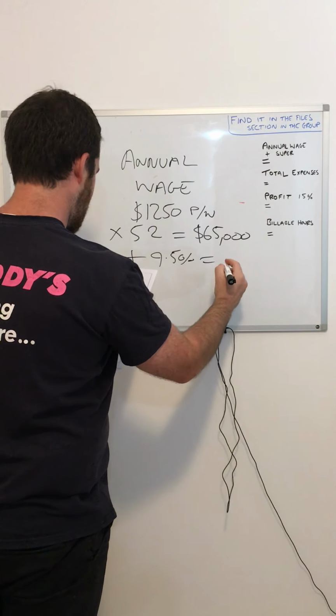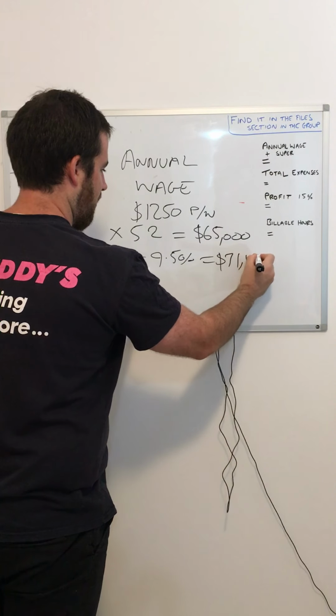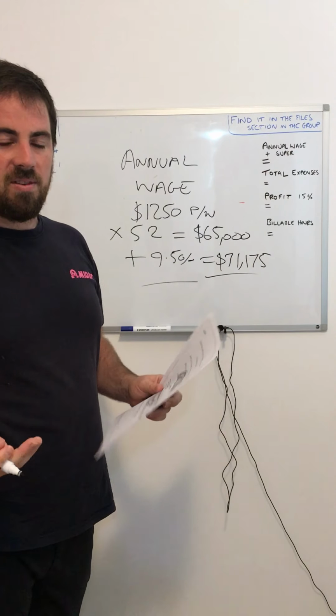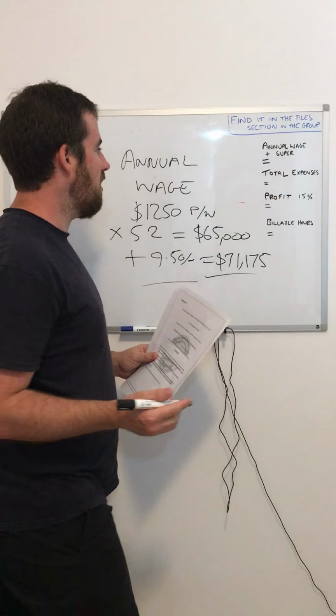So our annual wage is going to be $71,175. Now this is probably for a bit more of an experienced guy, maybe not quite starting out, but you have to work that out yourself.